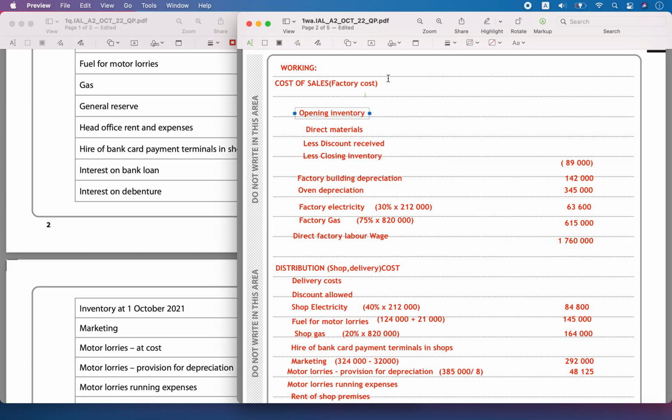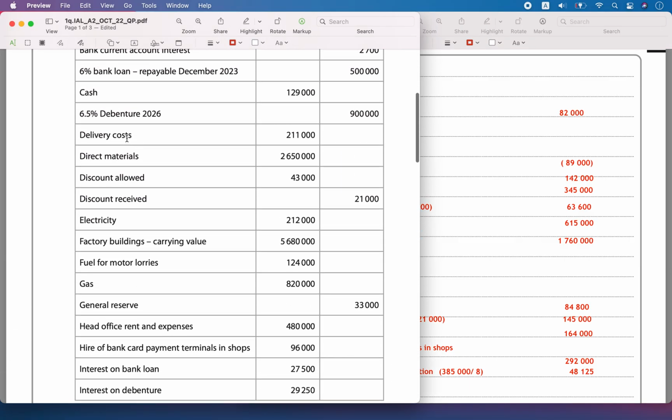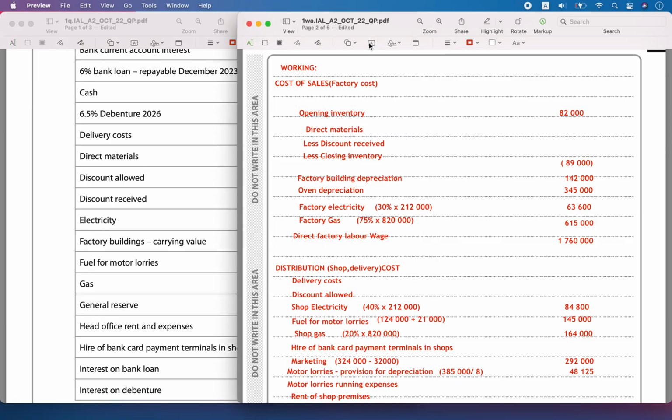So let's write it here. Direct materials, it is 2,650,000. Then less discount received, it is 21,000. Then less the closing inventory.